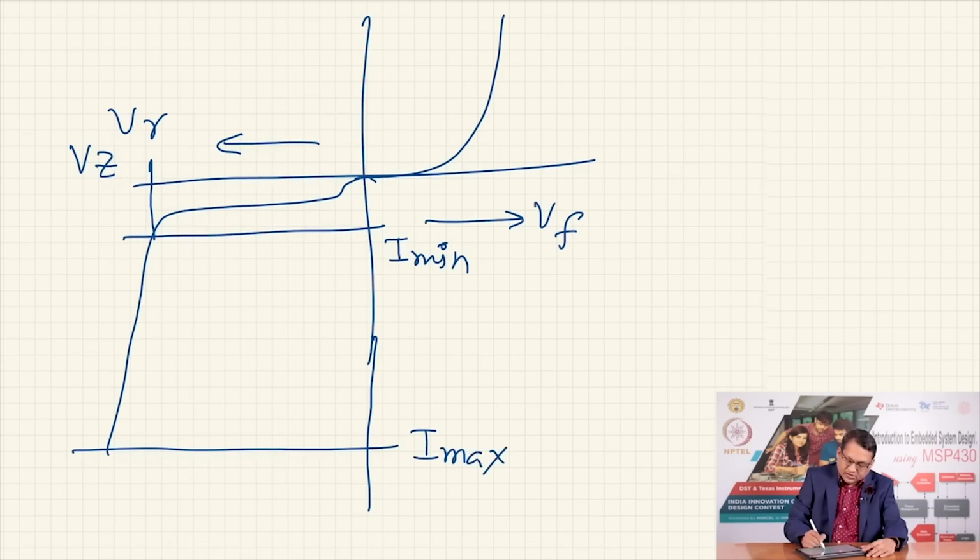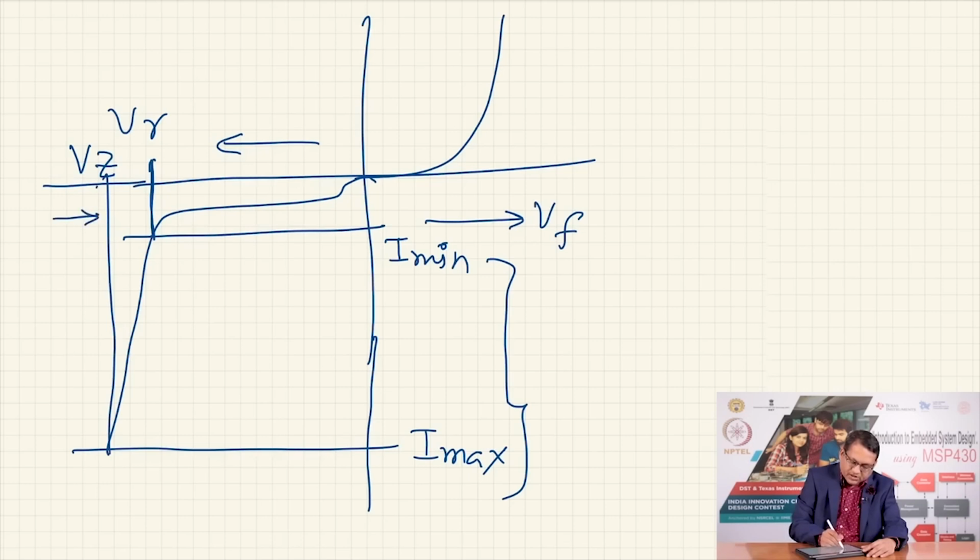Now, you see this is a large range, and from the minimum to the maximum you get certain variation in the input voltage. So, if you bias your Zener at the center point, if the input voltage changes and reduces, then it is going to go in this direction. The Zener diode will conduct less current.